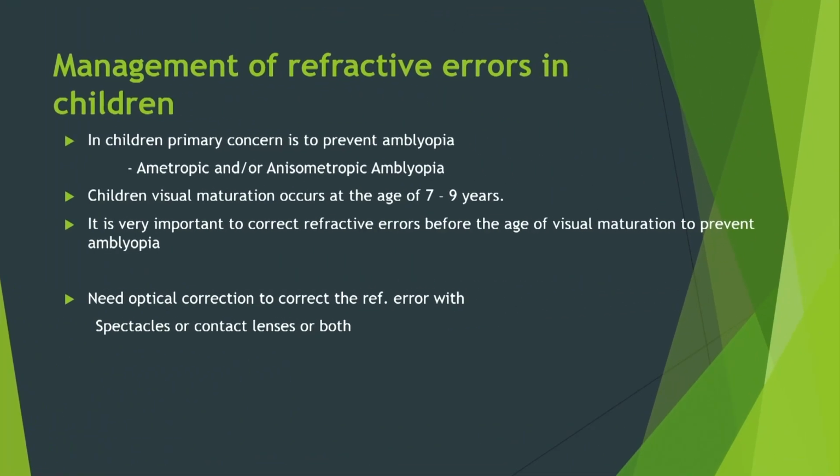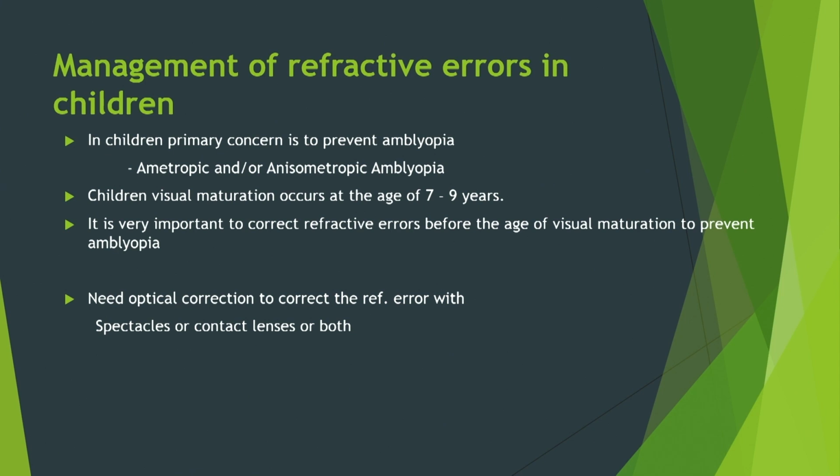So when you come to the management of refractive errors in children, what is the importance? There is one key thing, that is the visual maturation or visual development age. Children complete their visual maturation by the age of 7 to 8 years, or maximum 9 years.